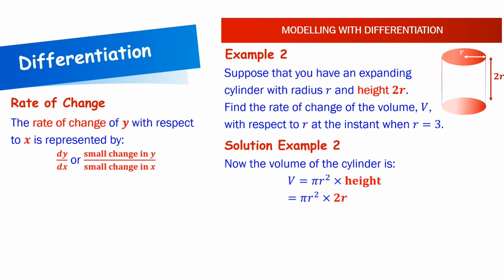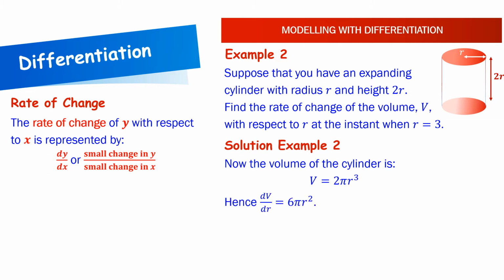So here's the height, 2r, and if we tidy up, we obtain 2 pi r cubed. So therefore we have that the volume is equal to 2 pi r cubed.